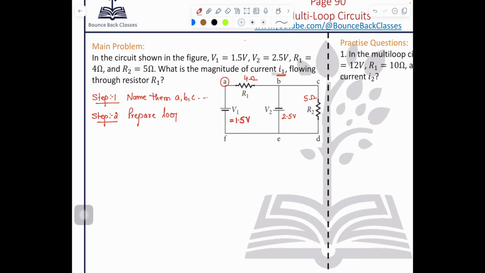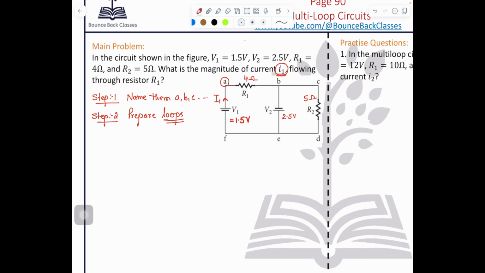Let's say in this question we are looking for I1. Where is I1? Is it given here? No. So how will it move? This is V1. So from here, the current which will flow, that is your I1.